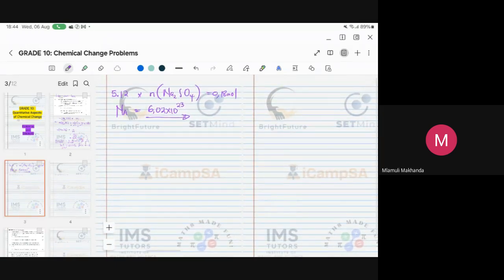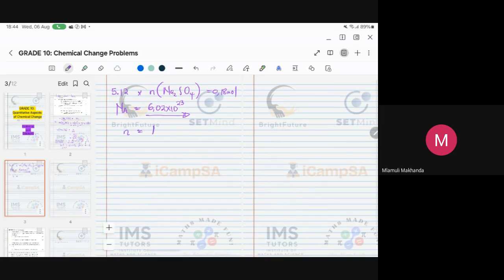Now, we have already calculated the number of moles of sodium sulfate, and we said it's 0.18. So now, if you want to find N, remember the formula, number of moles of a substance is n over Na, where N is what this question is asking us for, and Na is Avogadro's constant, which is 6.02 times 10 to the power 23.